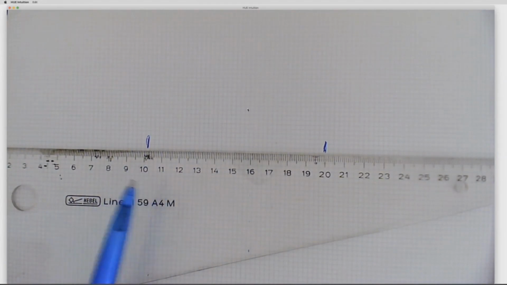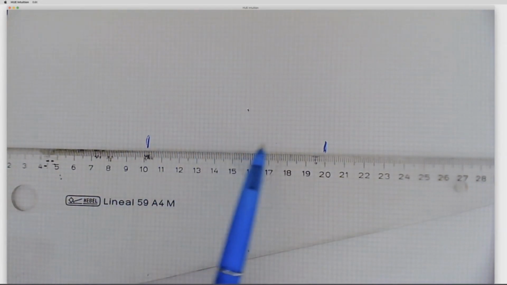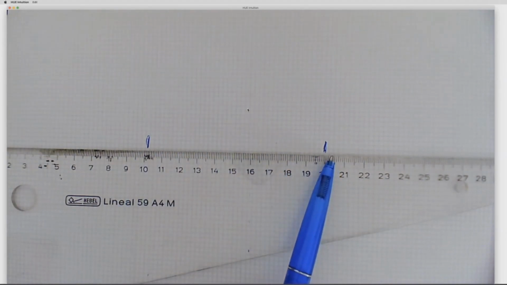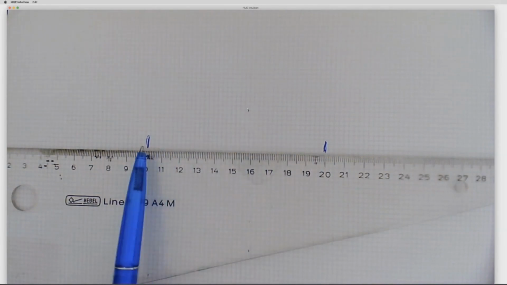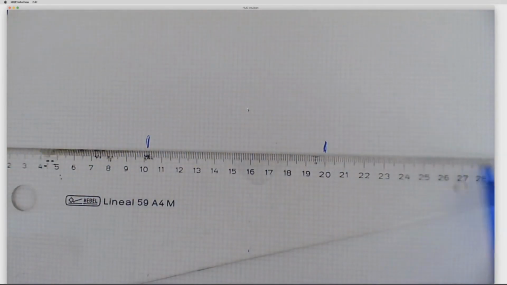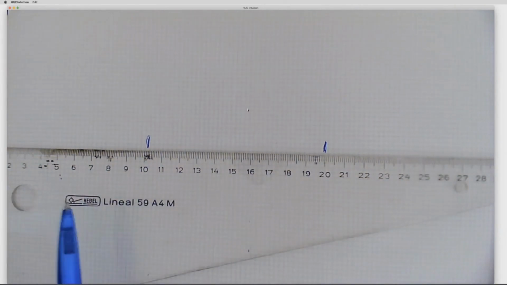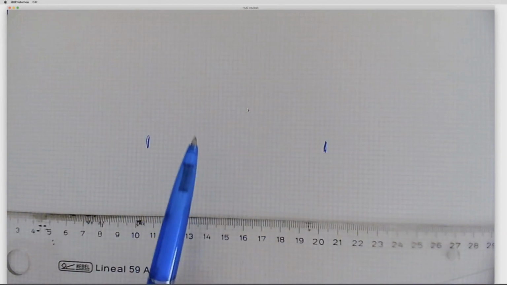I have just picked two discrete values, the 10 centimeter and the 20 centimeter position of a continuous length scale on my ruler. Even better, in three-dimensional space there are many more points than just on that one-dimensional subset. So I've just picked two positions for the tip of my pen object.